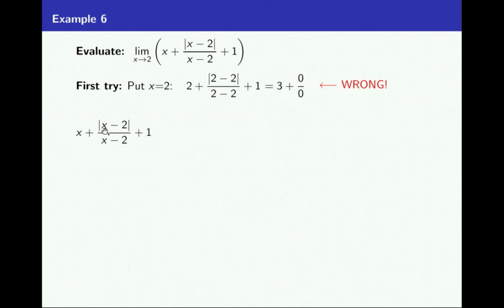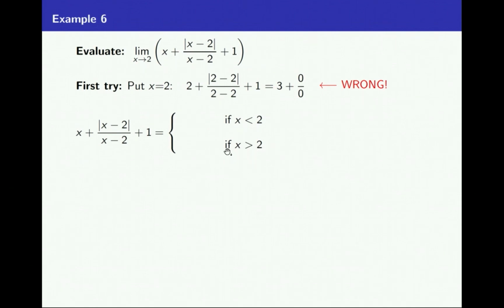Whereas if x is less than 2, x minus 2 is negative, and the absolute value is taking the absolute value of that negative number. It's multiplying it by negative 1. We have really a piecewise function. It's going to work out differently depending on whether x is less than 2 or greater than 2.